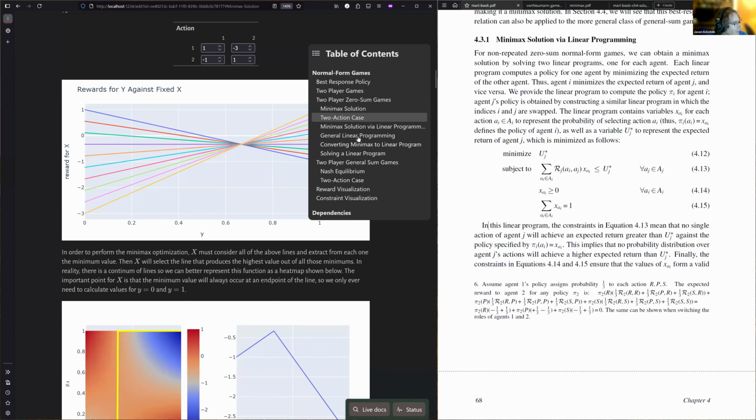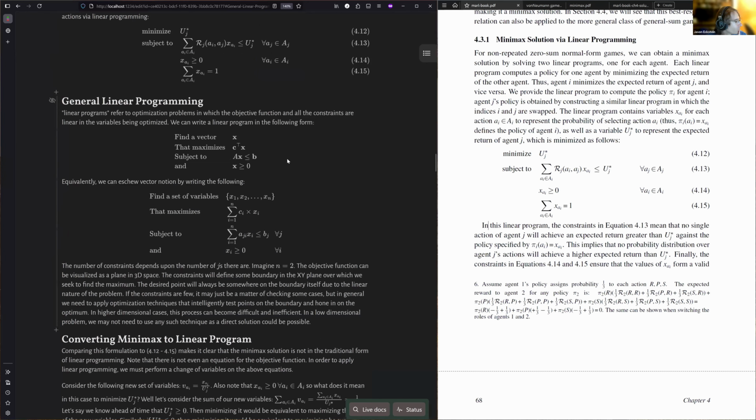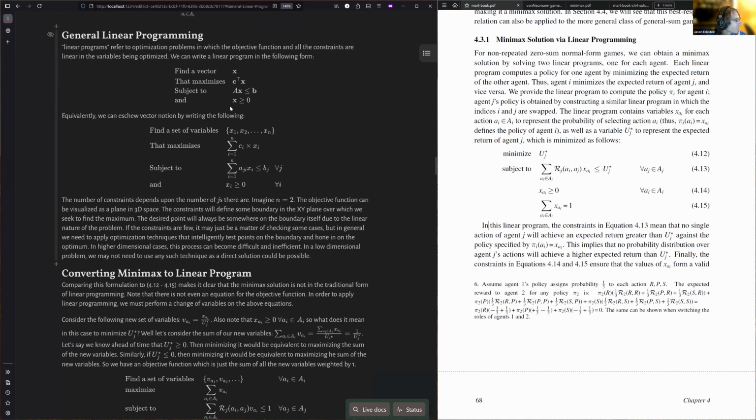However, if you look up a linear program, you find this definition, right? This is written in vector form. So it's find a vector x, right? x, these are the variables we're trying to find, that maximizes this. So this is the objective function. This is a linear function of x, where there's just weights.